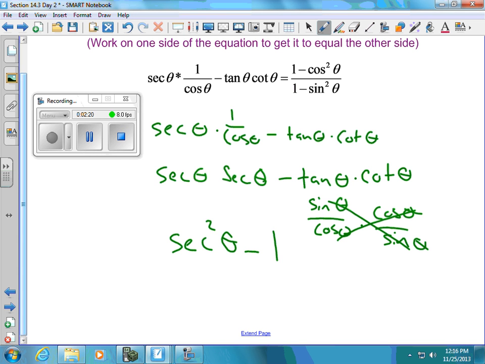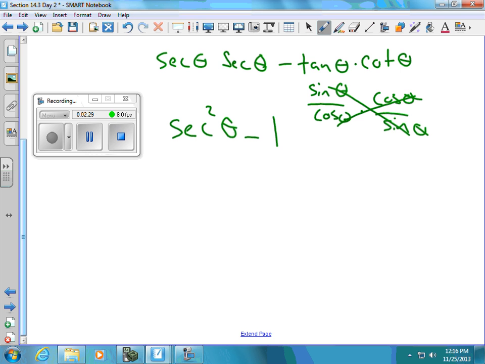And then we have minus 1. Well, secant squared of theta, if we look at our Pythagorean identities, can be written as 1 plus the tangent squared of theta, minus 1, which is tangent squared.